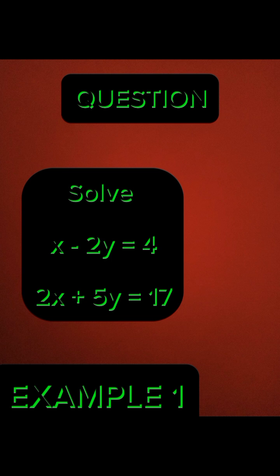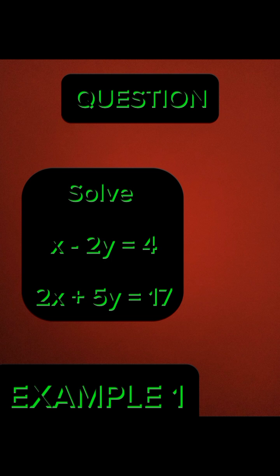Okay, now let's attempt this question. Now here we have two linear equations and they have two unknown quantities, which in this case are letters x and y, that we need to solve, that we need to find.